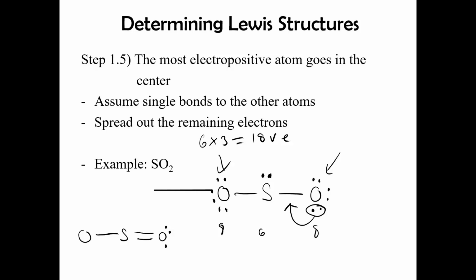We have 4 electrons here, a lone pair on sulfur, and 3 lone pairs on oxygen. If you're not sure, you count 1, 2, 3, 4, 5, 6, 7, 8, 9. That's 18. 9 pairs, 18 electrons. This is good. Everything has an octet. 8, 8, and 8. So no big deal.